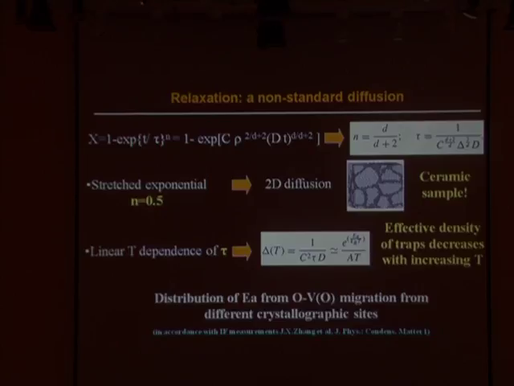So you can think that as you increase the temperature, you have fewer effective traps. As you are reducing the number of traps, the probability to survive of this particle is longer, and then you will have long relaxation times. Okay.